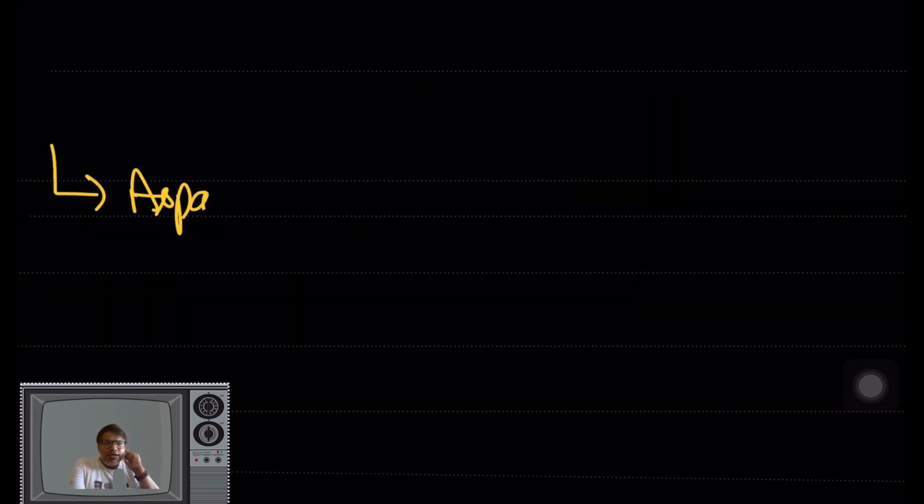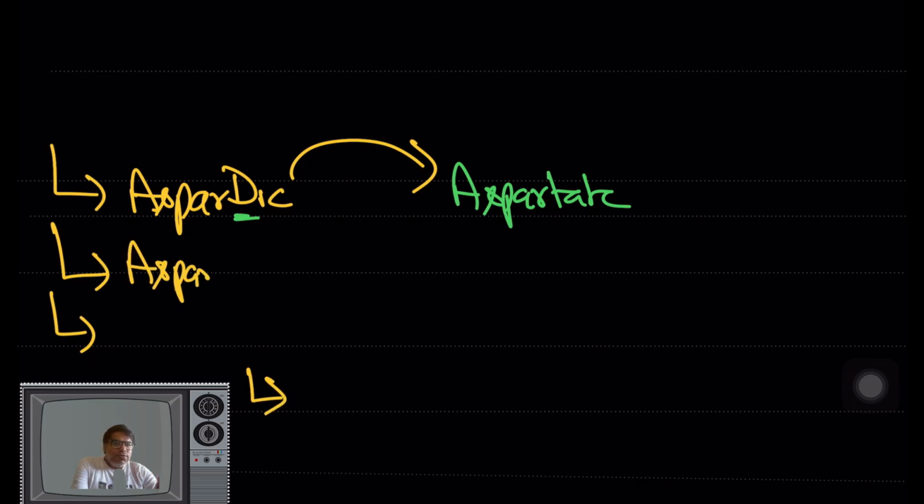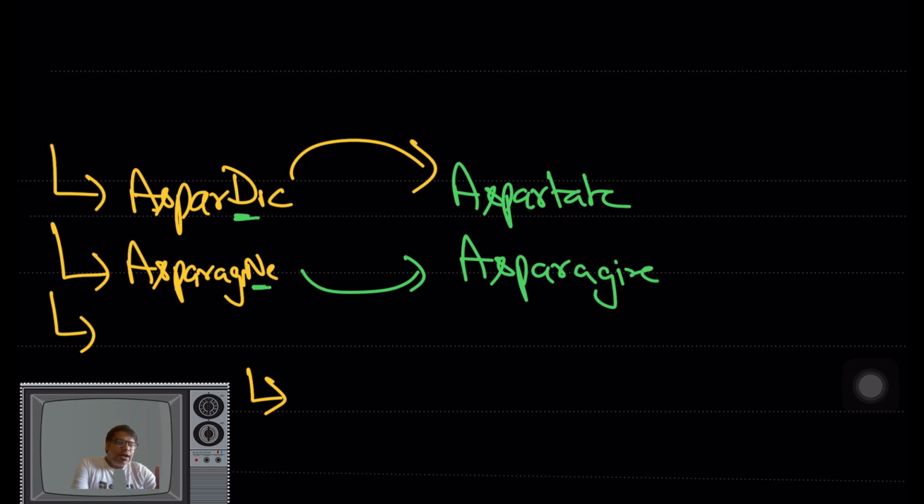Now if you see aspartic acid, the letter D has been assigned to aspartic acid. Same way, asparagine, where you get a sound of N, so N has been assigned to asparagine.